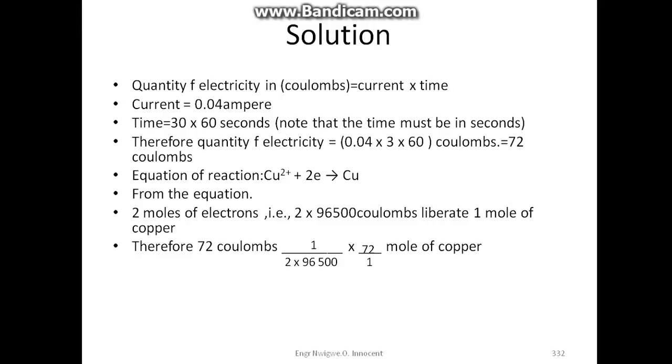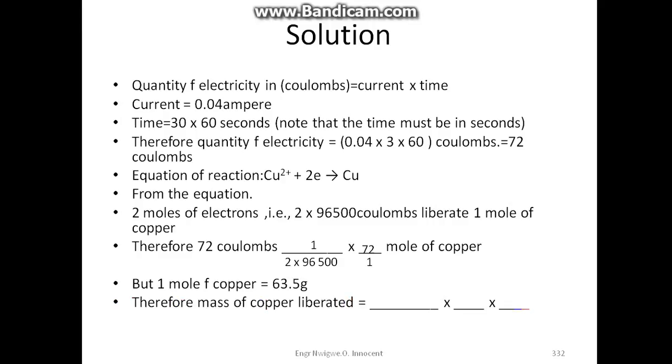But 1 mole of copper is equal to 63.5 gram. Therefore, mass of copper liberated is equal to 1 over 2 times 96,500 times 72 over 1 times 63.5 over 1. It gives 0.0237 grams.